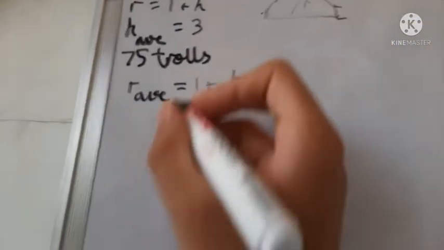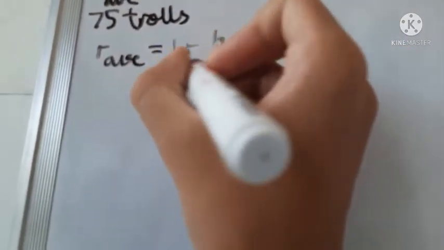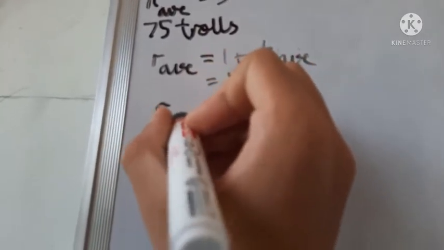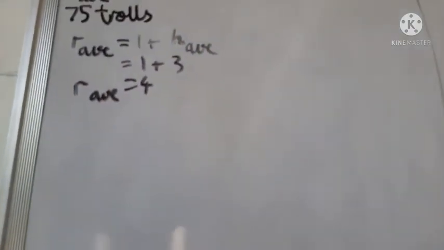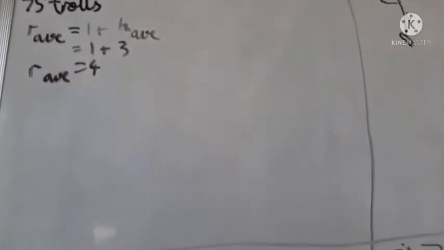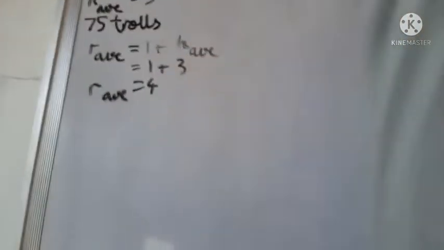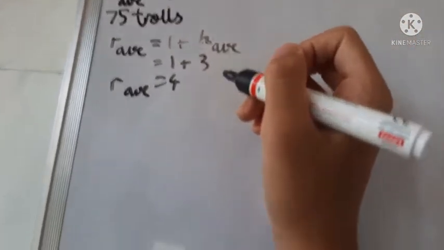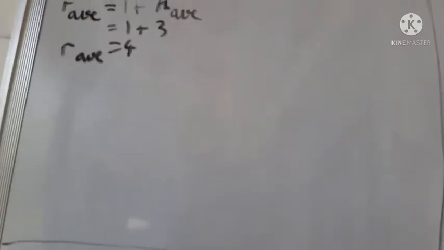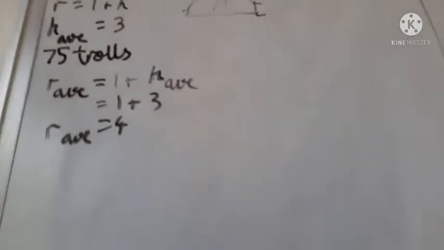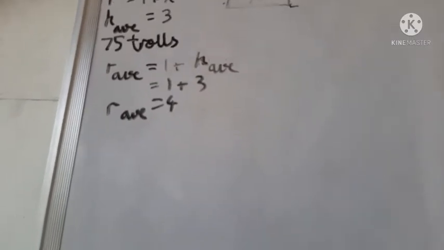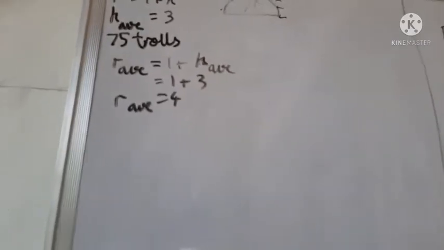And that's easy enough. 1 plus 3 is 4. So we have our average radius, R average, that's 4, and I think the units were feet, but the units don't really matter here, at least. Okay, so our radius is 4 feet, right?